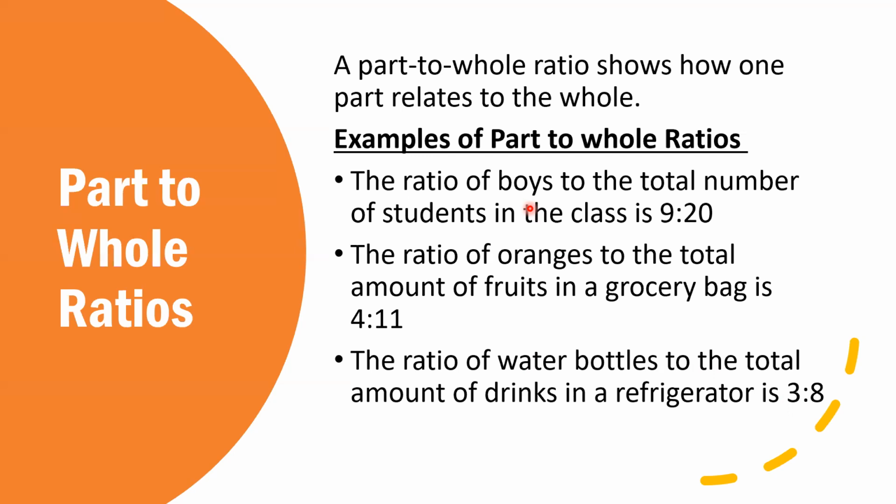The ratio of pens to the total amount of utensils in a pencil case. No, you have to use different. So maybe you could say the ratio of pencils to the total number of, let's say, utensils in a pencil case. Maybe that'll work. You understand? Make sense? Okay, good. So we're talking about one part to a whole.